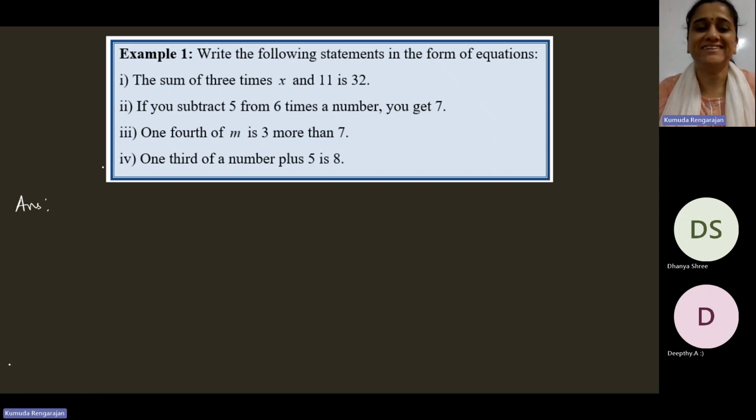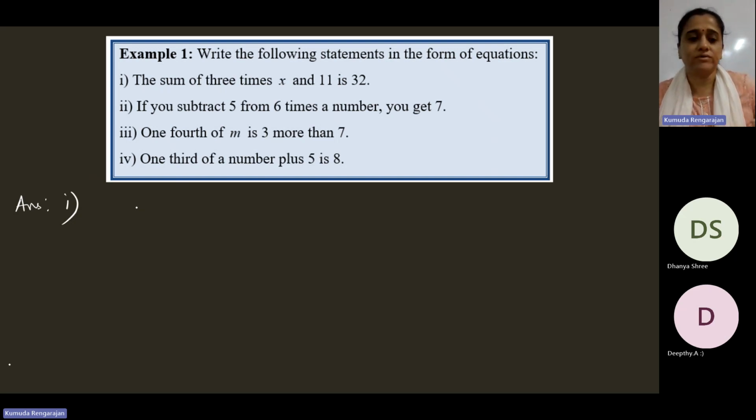Okay, stop writing. The first one: everything you read in English, write the equivalent symbol or number or whatever in maths.